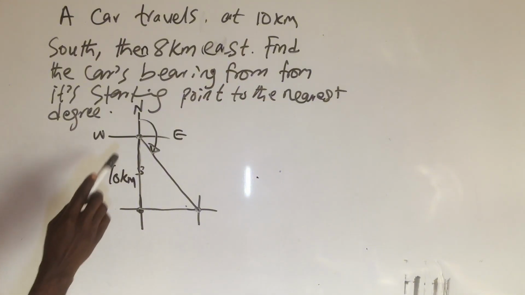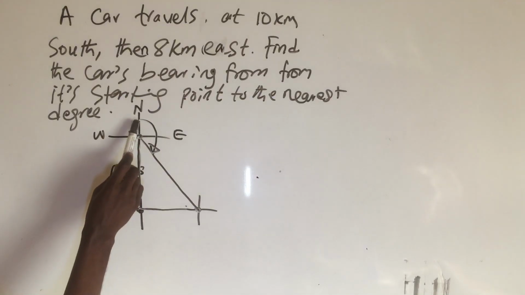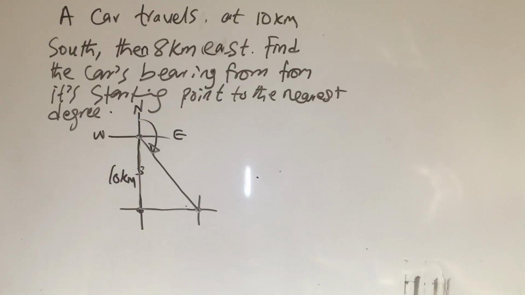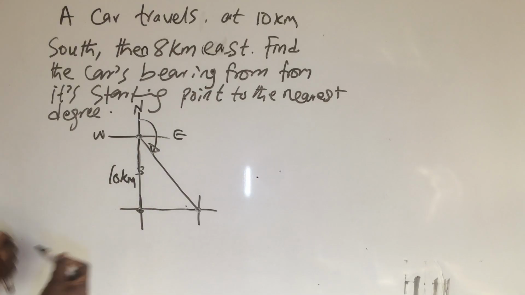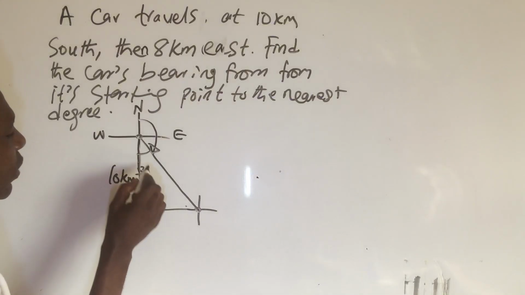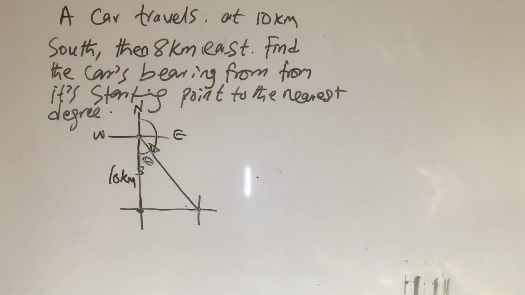The question is asking us for the angle from here to here. We know that from here to here is 90 degrees, and from here to here is also 90 degrees. So if you can get the angle here with the help of this triangle, it is already solved.